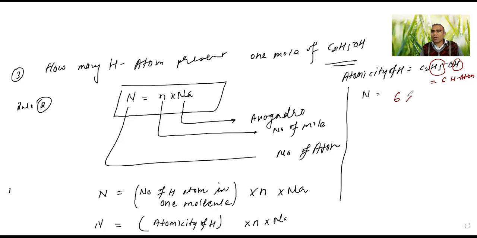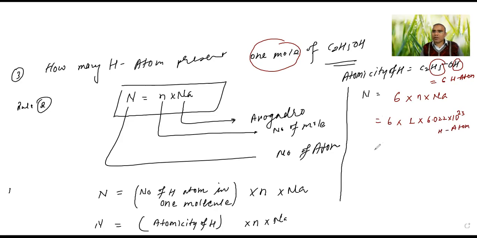So the total number of atoms is 6 into n into Na. How many moles are they saying? 1 mole, so the n value is 1. Na you know very well, 6.022 into 10 power 23, and the atom is the H atom.